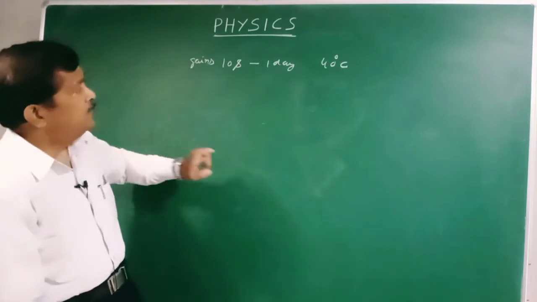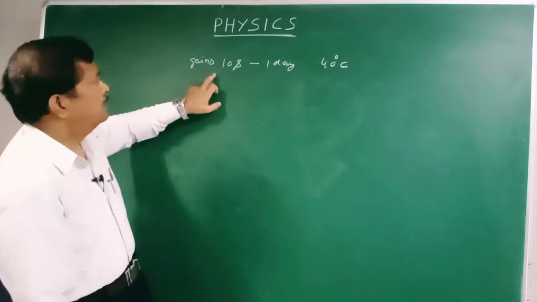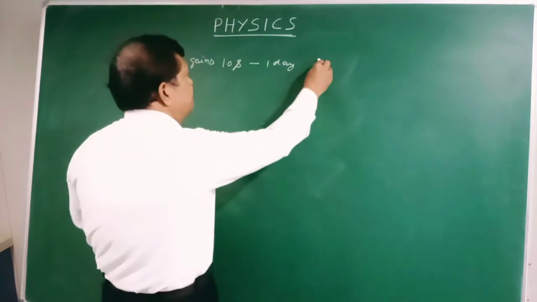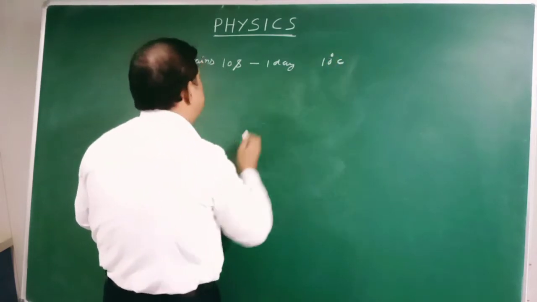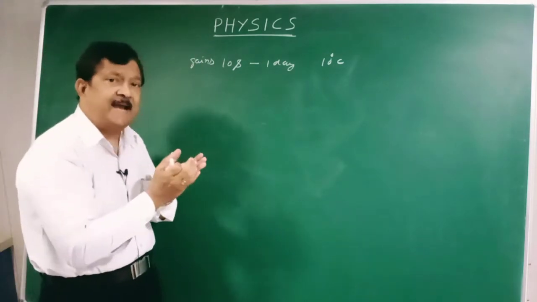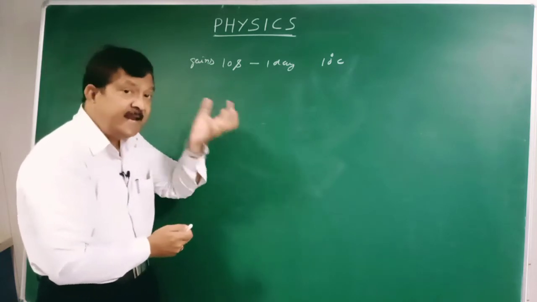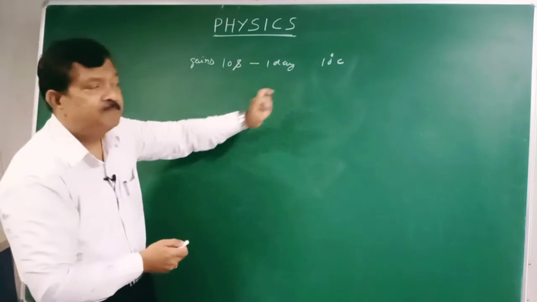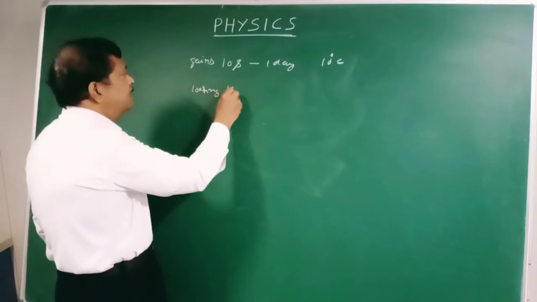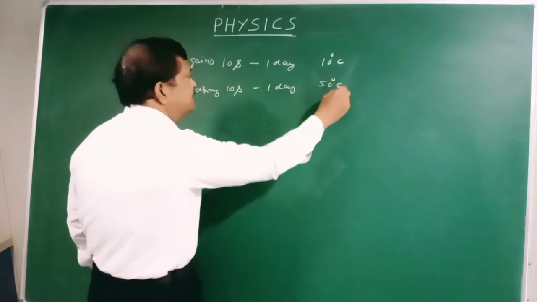That means when you are using the pendulum clock at low temperature, it gains time. In one day it will show 10 seconds more, that is, it is gaining 10 seconds per day, whereas it is losing 10 seconds per day at a temperature of 50 degrees centigrade.